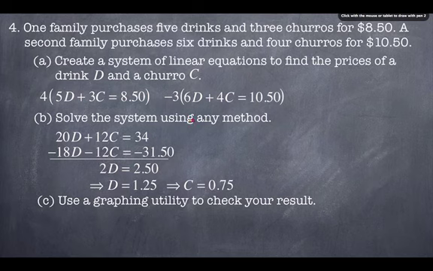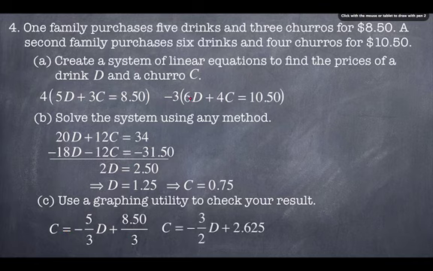It says use a graphing utility to check your result. So what we're going to do is solve this for c. And you have c is equal to the following. I'm going to solve this again for c. I get the following. This is like a y, and this is like an x.